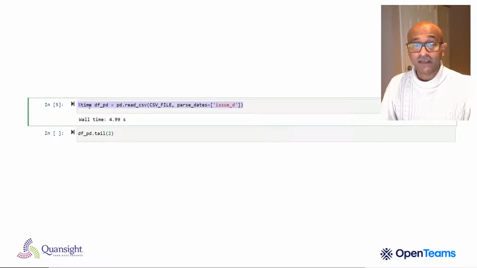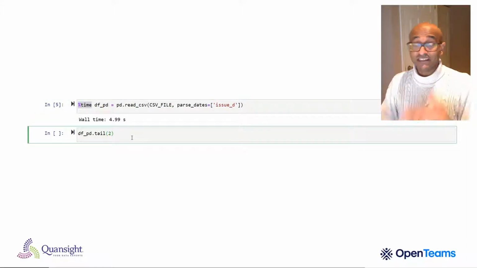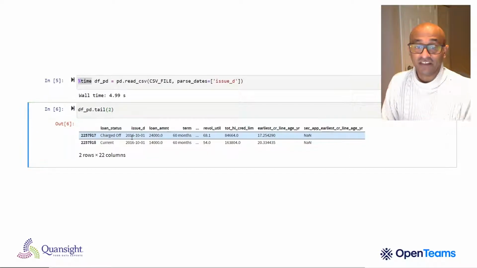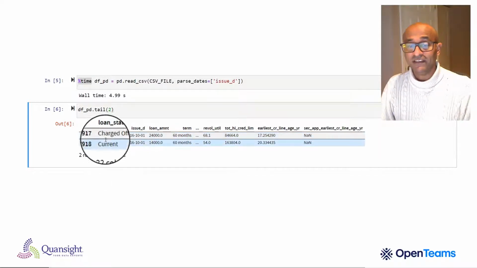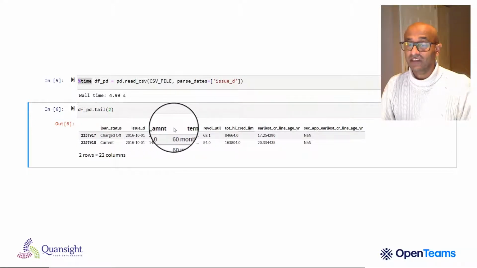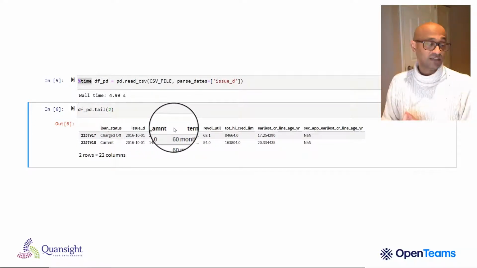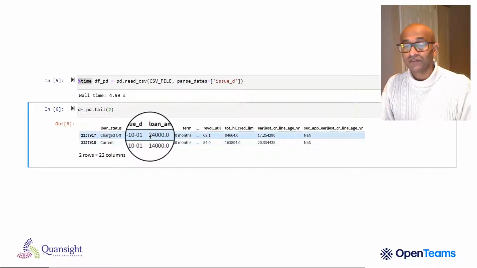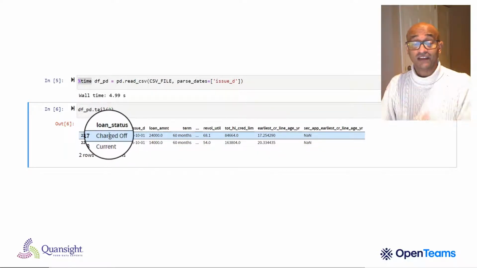So we'll use the Pandas read_csv function just to load this into a data frame. Notice I'm using the %time IPython magic, and that takes about 5 seconds because each of the rows consists of strings of characters that need to be converted into various kinds of data types. So for instance, when we use the tail method to examine the last 2 rows of that data frame, we see that there is a sequence of columns with names like loan status, issued date, loan amount, and so forth, of various different data types. There are 22 columns, most of which are numerical values, but some of them are strings that in fact refer to certain kinds of categories.